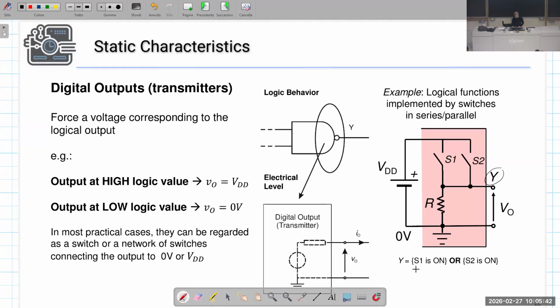So it's the OR between these two conditions. Okay? Is that clear?